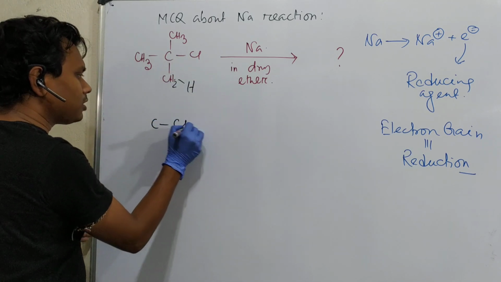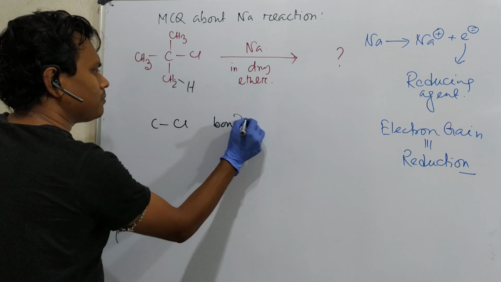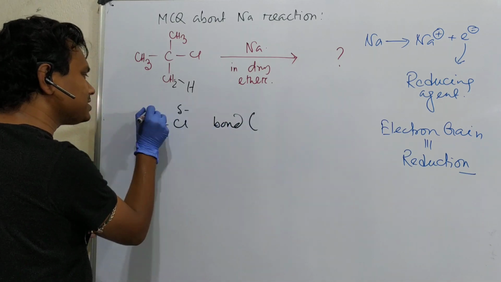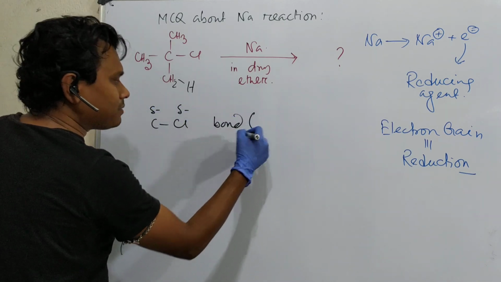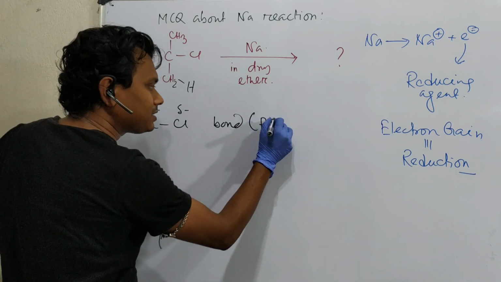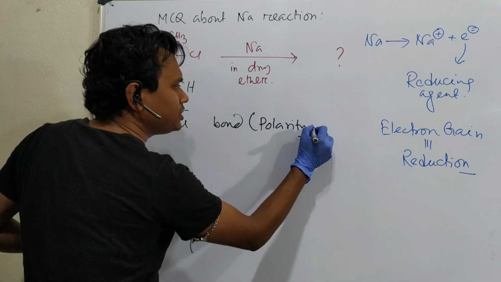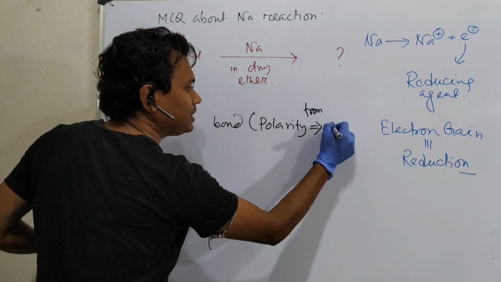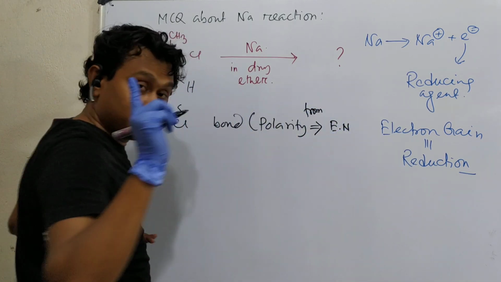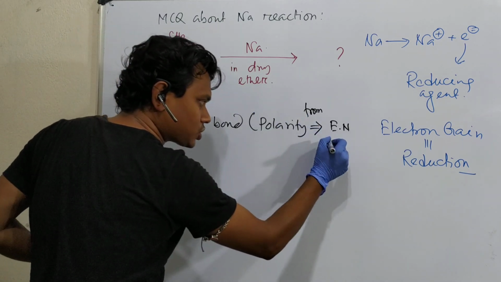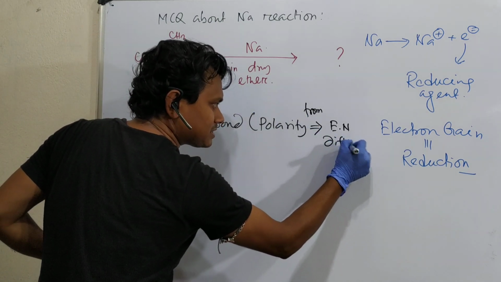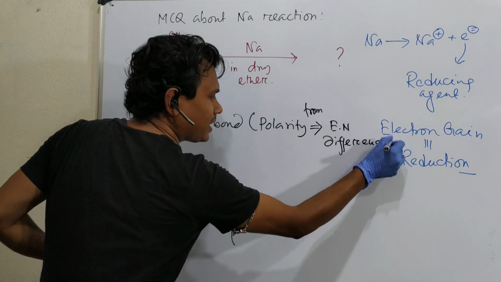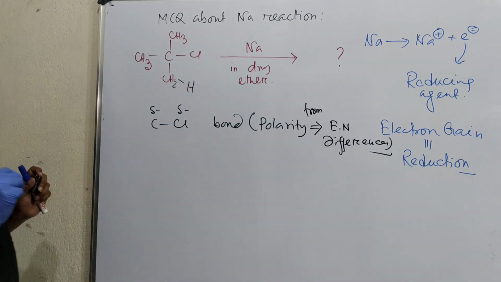Definitely the C-Cl bond. Why? Because of polarity. This is delta minus, this is delta plus, and the polarity is generated from the electronegativity difference. So this is the situation.